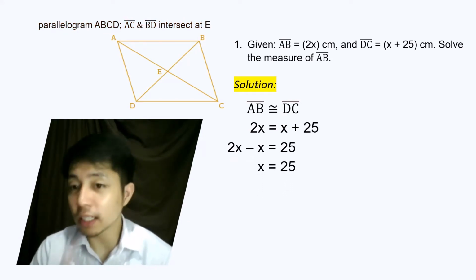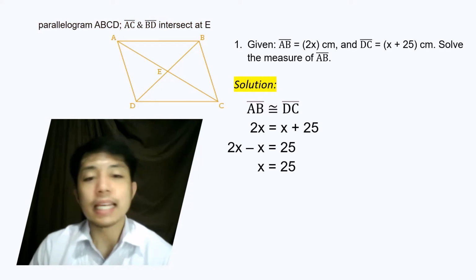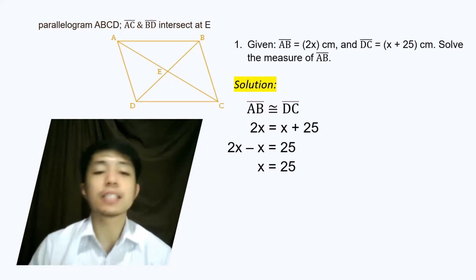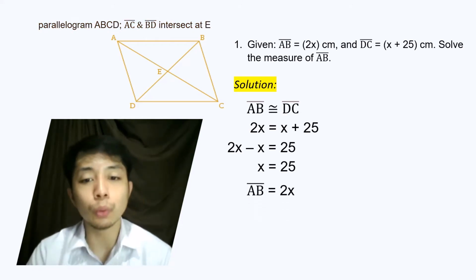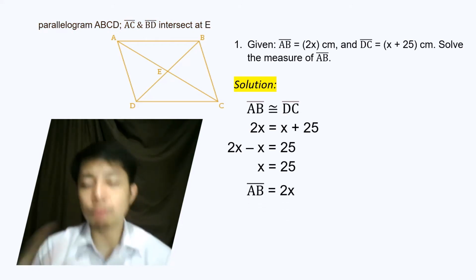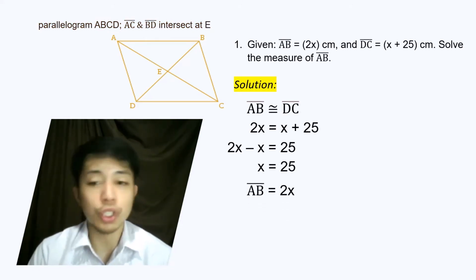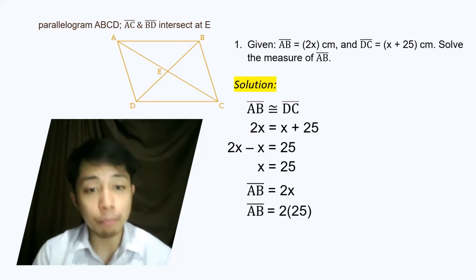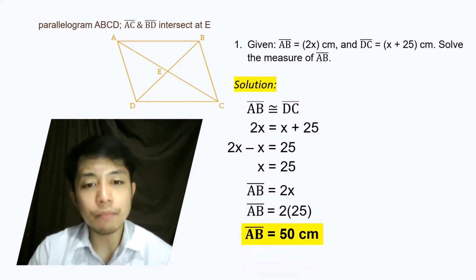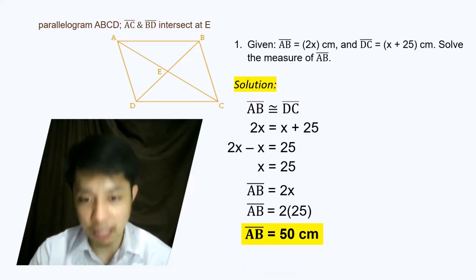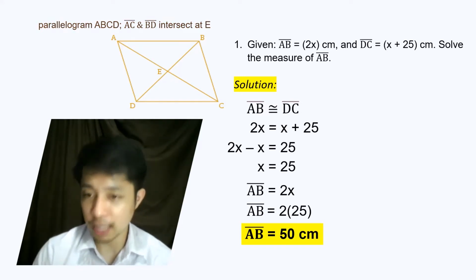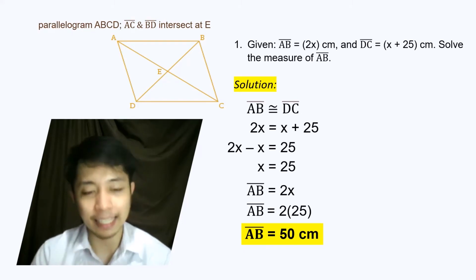And we are not done yet because the problem is asking for the value of side AB. Since AB is equal to 2x, and we solved the value of x, which is 25, multiply the two values, and the final answer is side AB is equal to 50 centimeters. Don't forget the unit. Since it is stated, you have to include it in the final answer.